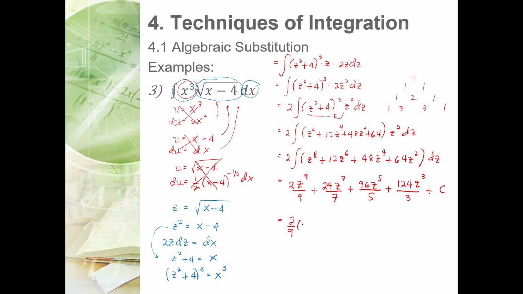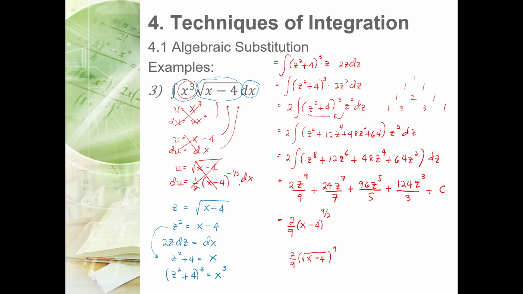So instead of square root, x minus 4, then to the power of 9 halves. I think it's difficult to write if you have it in radical expression, so it appears longer in radical form.